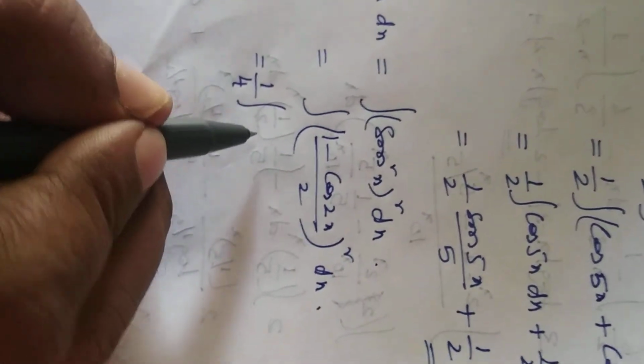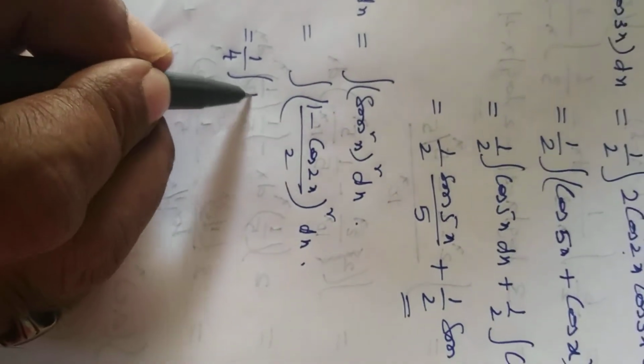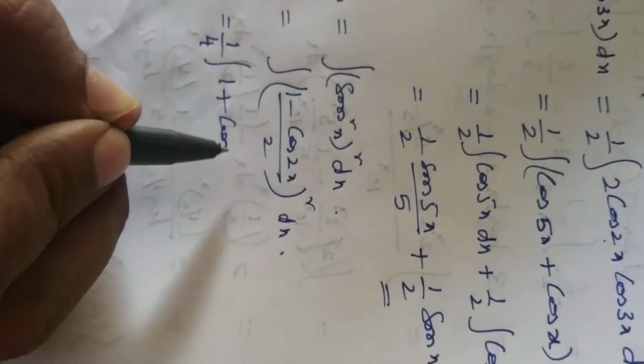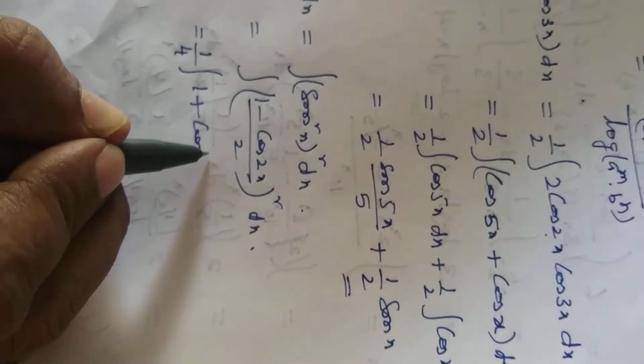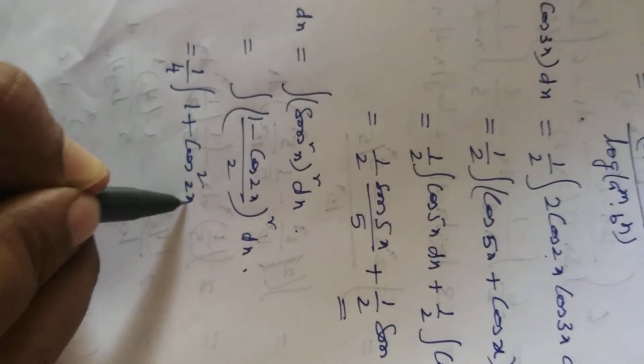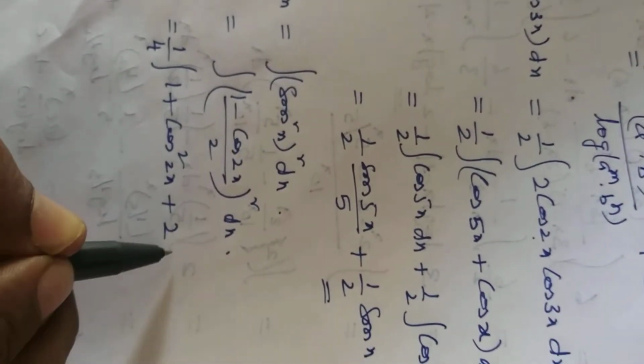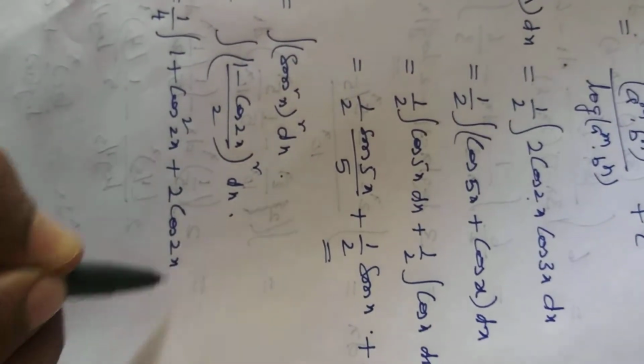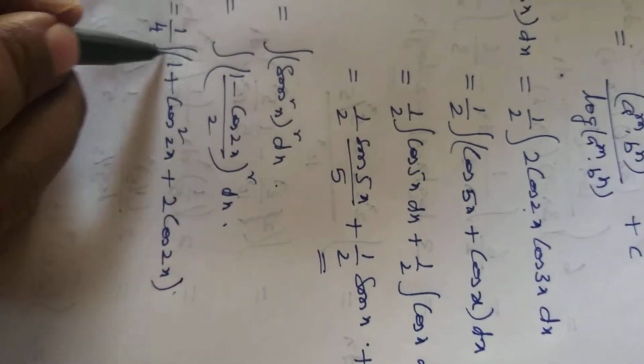If you expand 1 minus cos 2x whole square, in the denominator we will get 4. So 1 by 4, and a minus b whole square is a square plus b square minus 2ab, so 2 cos 2x we will get, whole dx.